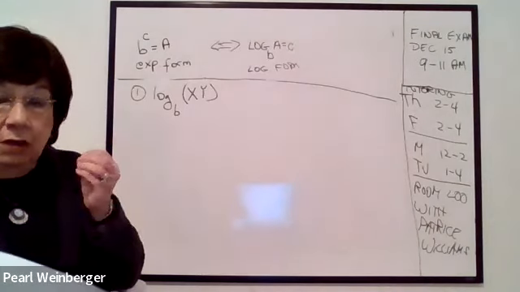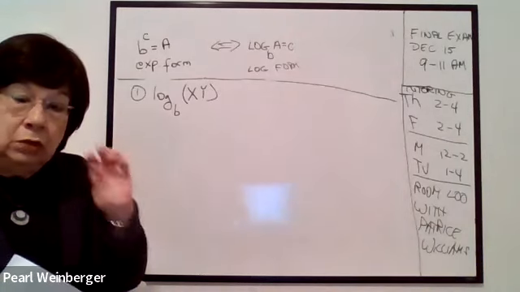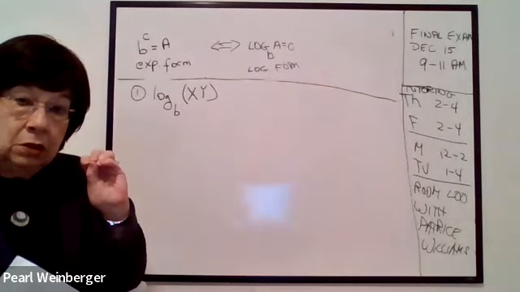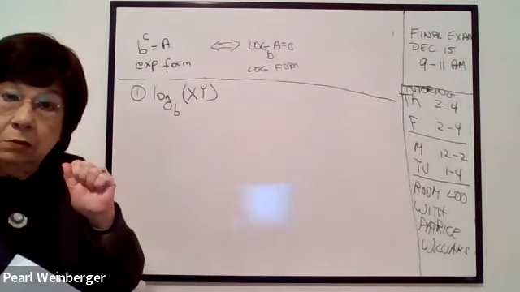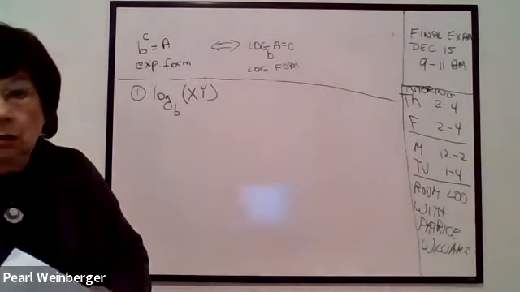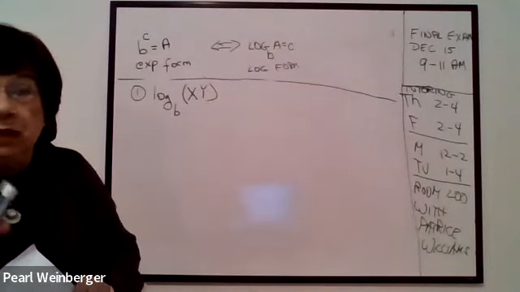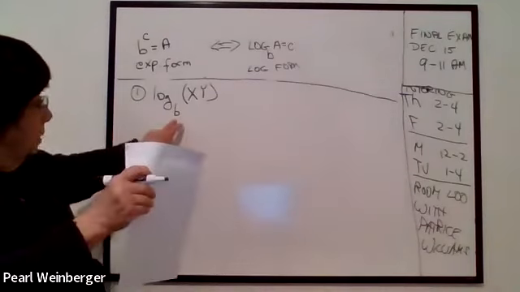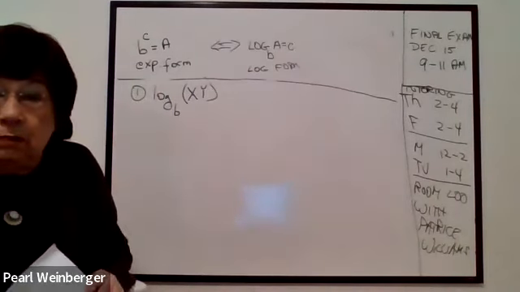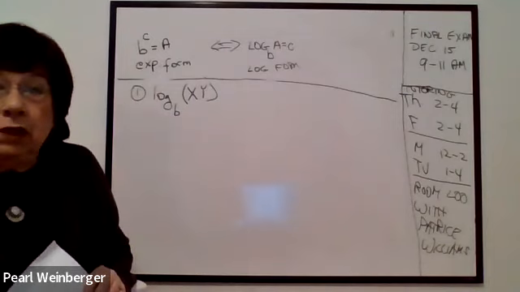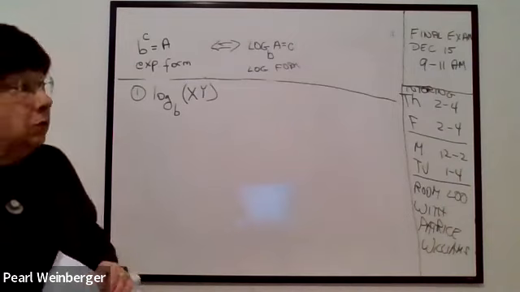So we have to think, what would have happened if I were multiplying two numbers? What would happen to their exponents? Because that's what the logs are. And obviously, we know when we're multiplying two numbers, as long as the base is the same, and in this case we are using the same base because we're using a base b, I don't know what it is, but it's the same base, whenever we multiply two numbers with the same base, we add their exponents.